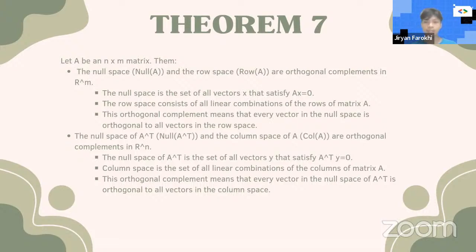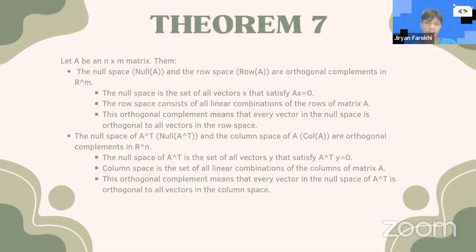The null space is the set of all vectors x that satisfy E times x equal to 0. The row space consists of all linear combinations of the rows of matrix E. This orthogonal complement means that every vector in the null space is orthogonal to all vectors in the row space.